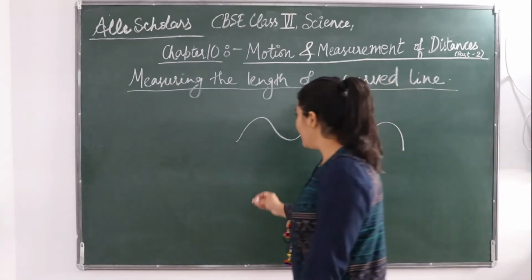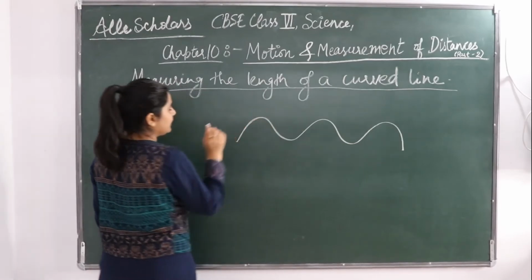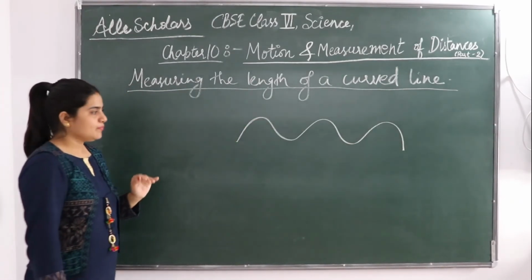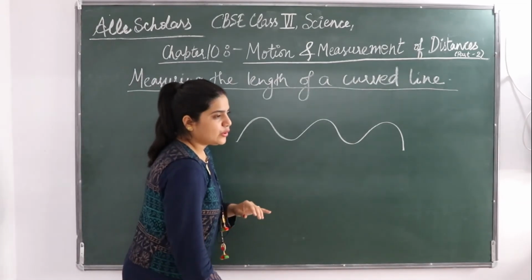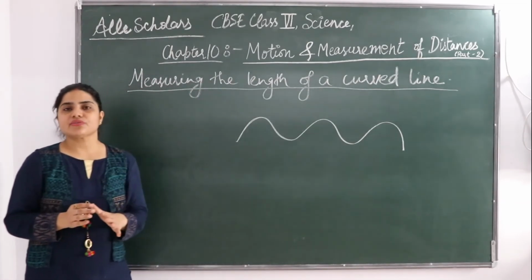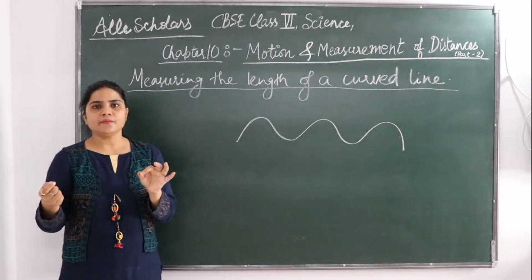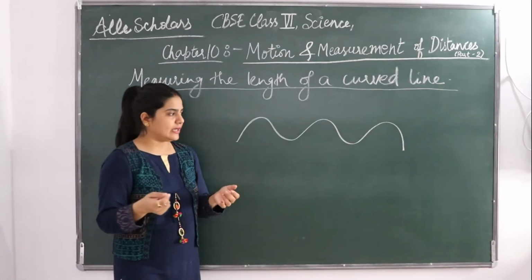So what can you do for measuring this type of curved line? We cannot use a meter scale for a curved line, as I have told you. So for a curved line, you have to take a string or a thread. Take any thread or any string.